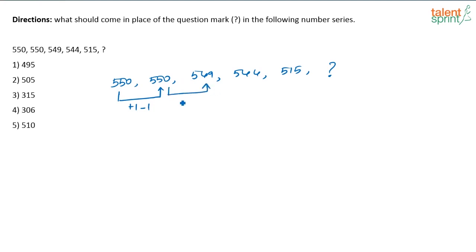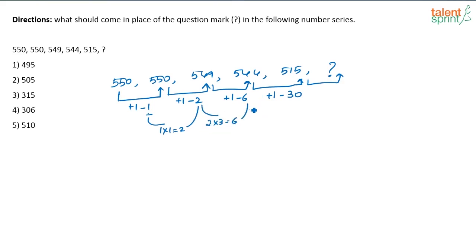Next is 550 plus 1 minus 2, 549, correct, plus 1 minus 6, 544 plus 1 minus 30, and now what is the logic that is followed here? Here there is 1, right? So here 1 into 1, that is 2, that is coming here. Now here next 2 into 3, that is 6, correct?